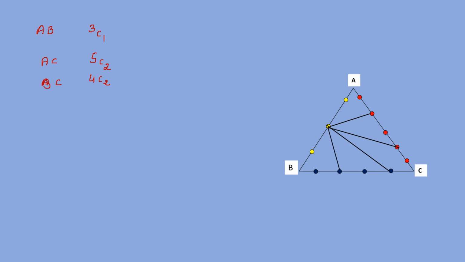So what are the total choices for triangles to be constructed? That is 3C1 times 5C2 plus 4C2. This happens when you fix the side AB.